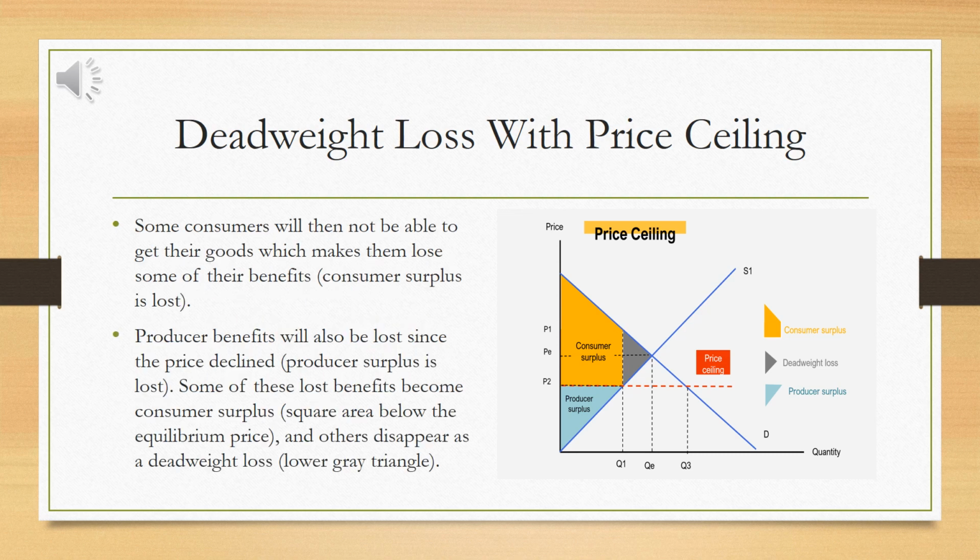Some consumers will then not be able to get their goods, which makes them lose some of their benefits. That is, consumer surplus is lost. Producer benefits will also be lost since the price declined. That is, producer surplus is lost. Some of these lost benefits become consumer surplus, and others disappear as a deadweight loss, which is represented by the lower gray triangle in the graph aside.